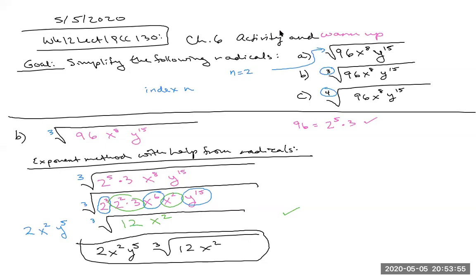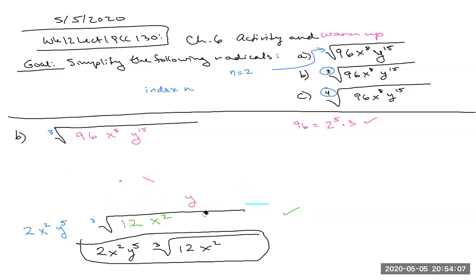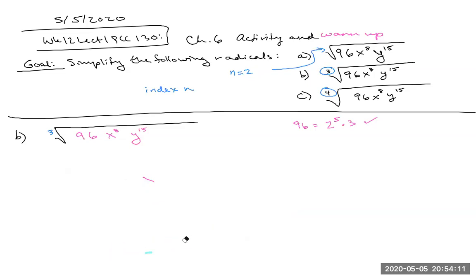All right, let me clear this bottom part out and do the last part. Okay, so we have part C, which is the 4th root of the same radicand.